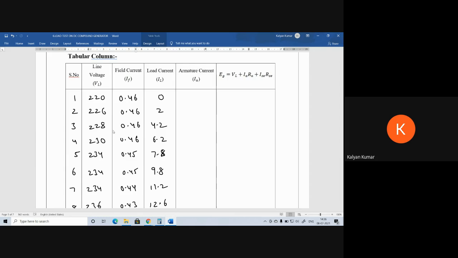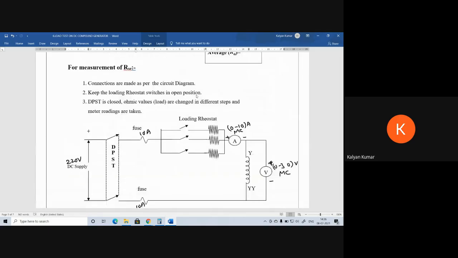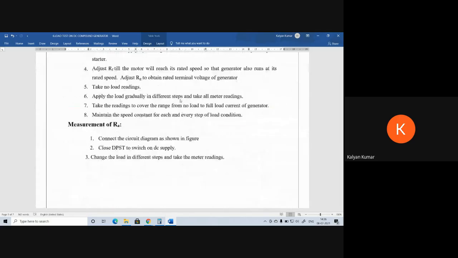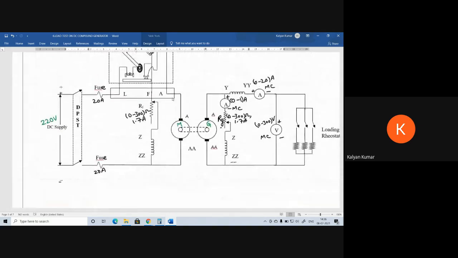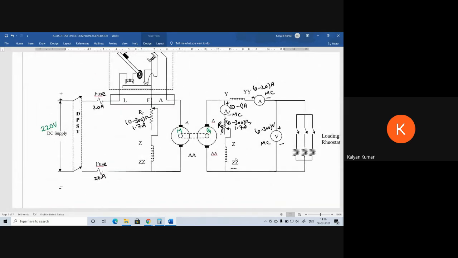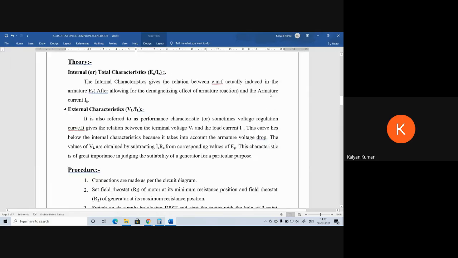As we know IL and IF, we can calculate the IA value. Based upon the circuit, here we are conducting the test on a short shunt compound generator. In a short shunt compound generator, the shunt field winding is in parallel with the armature only. For the short shunt armature circuit, IA is given by IL plus IF.